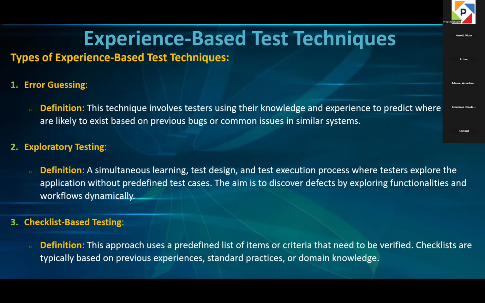Then you just begin to write it down. For example, you guess if you are doing a registration on a particular application, if you don't give the mandatory fields, if you leave it empty, it's going to prompt you to fill the mandatory field. You are guessing the error in the first place before you enter this.